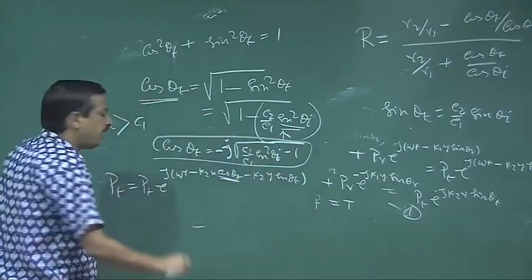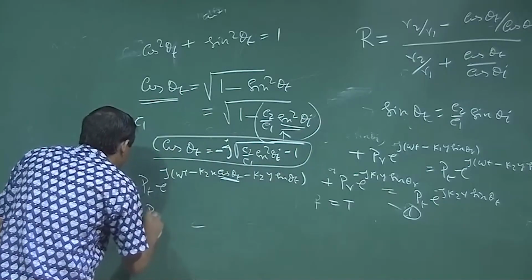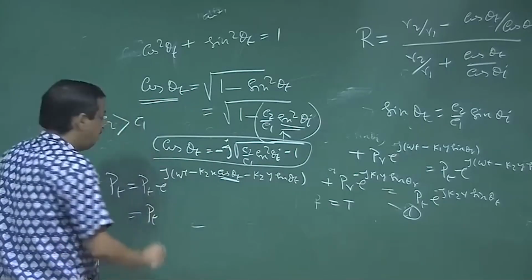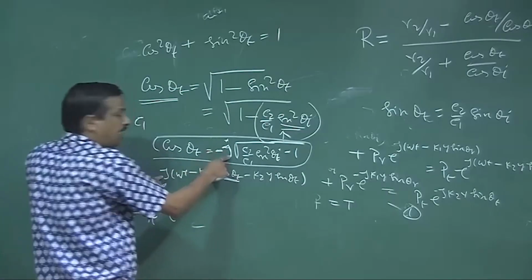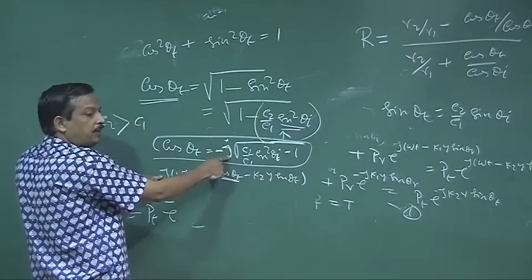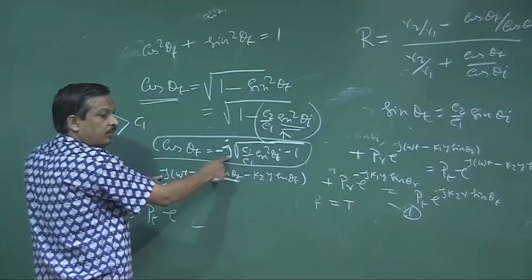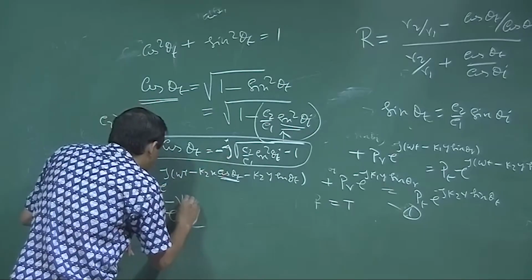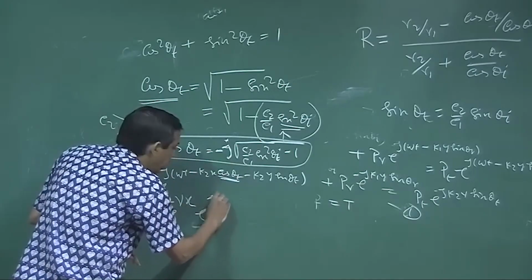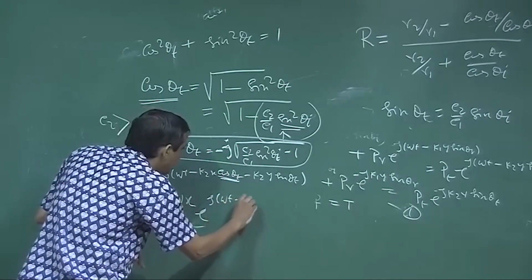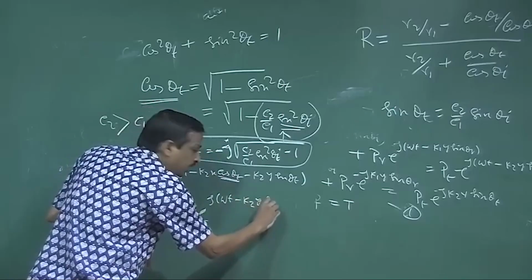So, I can write this as Pt equal to e to the power minus gamma x into e to the power j omega t minus k2y sin theta t.